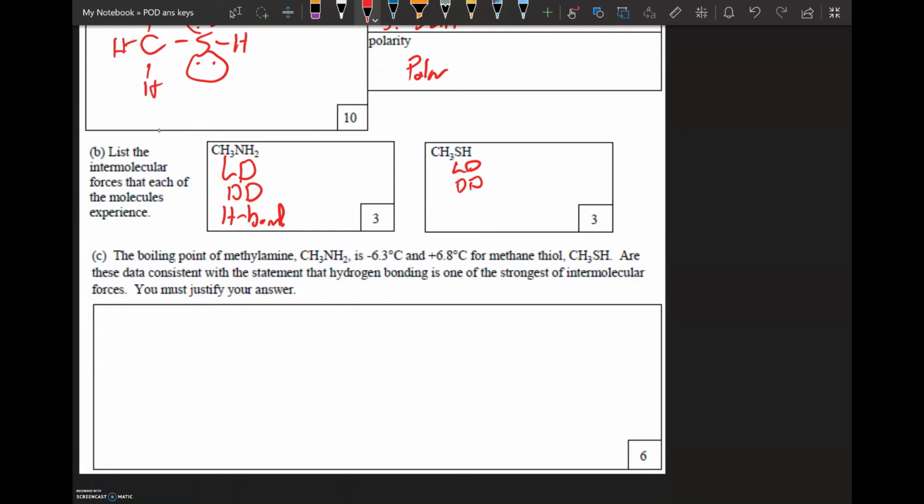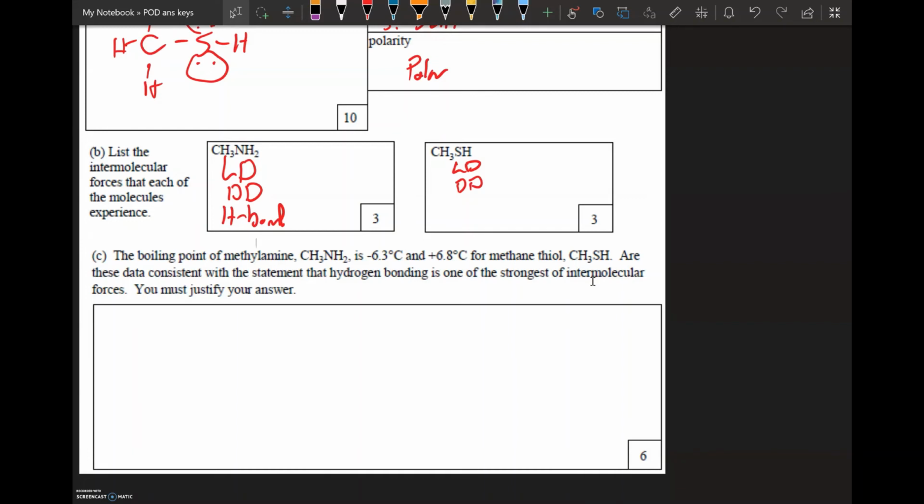So looking at the boiling point, it looks to be, based off the information here, that the methylamine has a lower boiling point than the methane thiol. Now, that goes backwards from what we just said, right? The question is, are these data consistent with the statement hydrogen bonding is one of the strongest of intermolecular forces? And the answer is no.